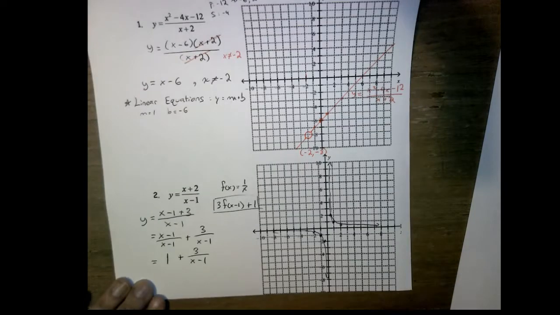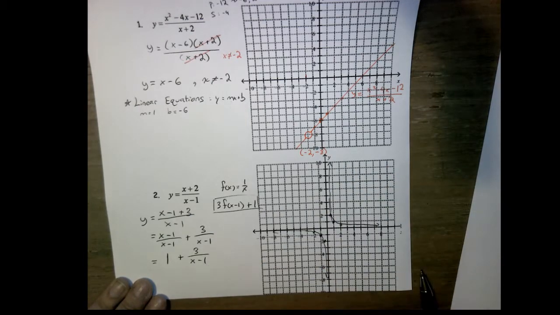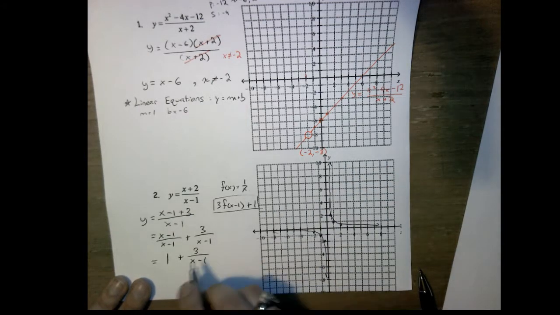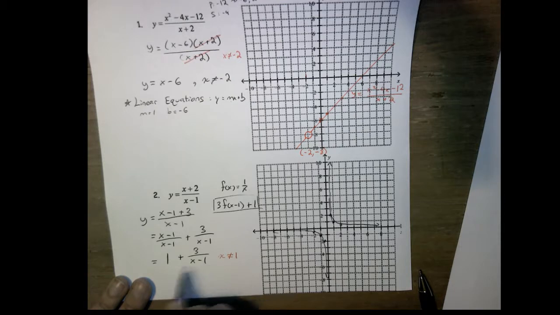So similarly, I'm going to have a vertical asymptote here, but it's not going to be at 0. It's going to be at x equals 1, right? So I can't have x equal positive 1 in my function here, because that means I would be dividing by 0, and that just can't happen.